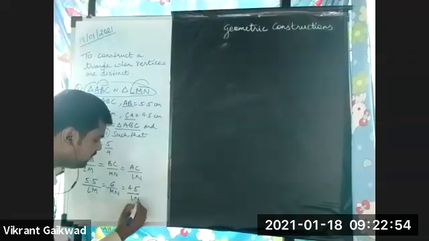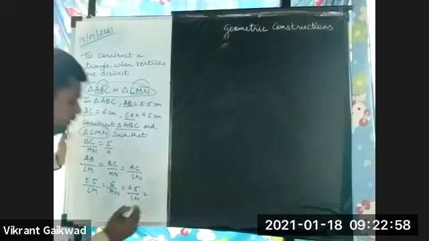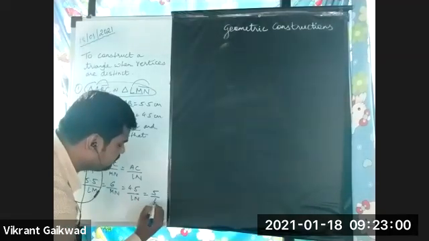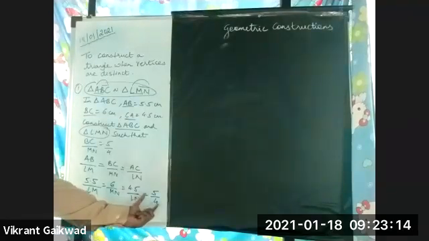You don't know LN. But all these are equal to BC upon MN, the value which is known to us, that is 5 upon 4. You can take the first or the second ratio to get the particular values.